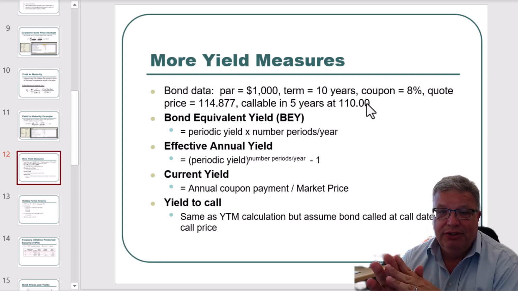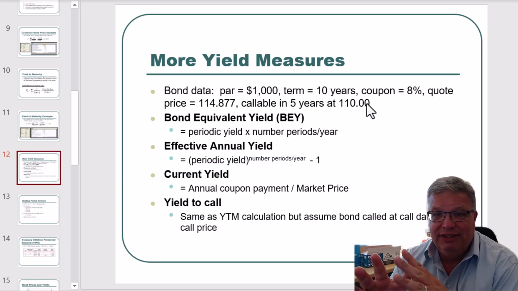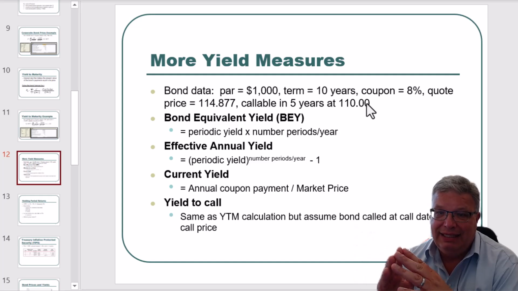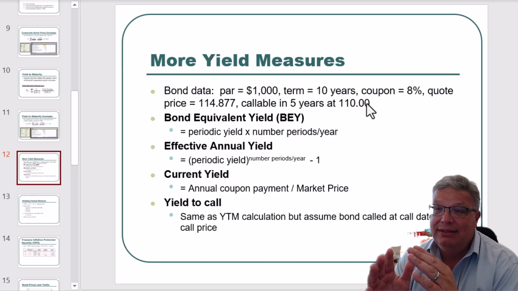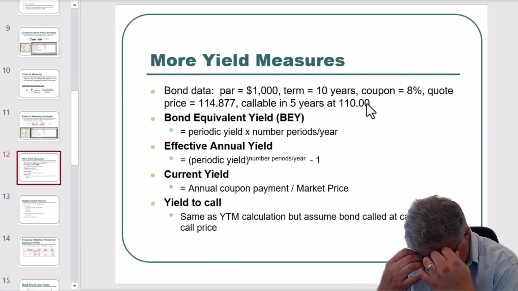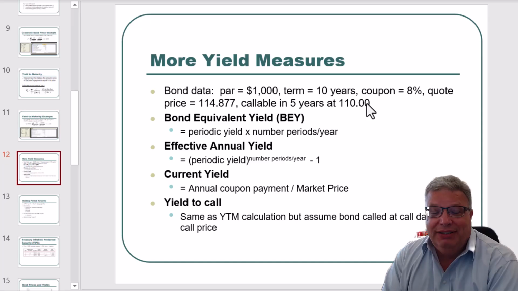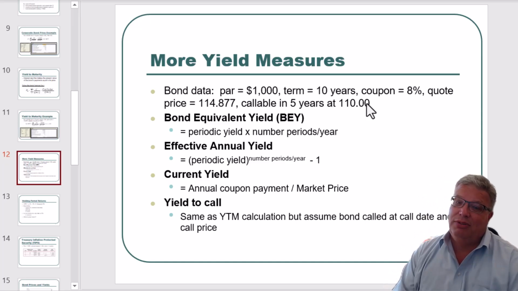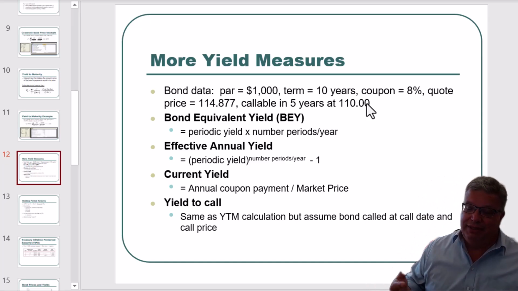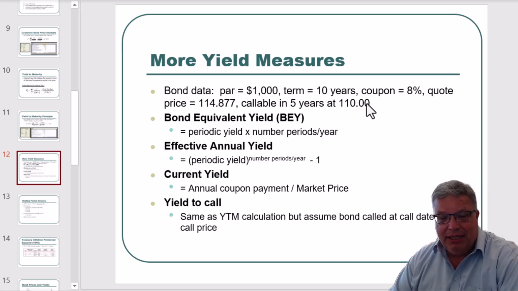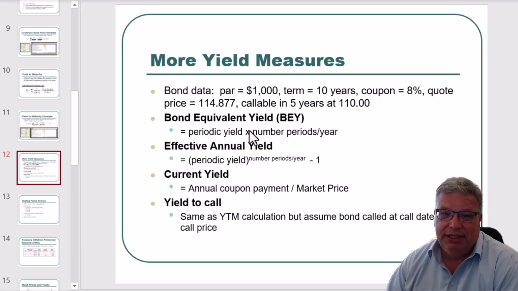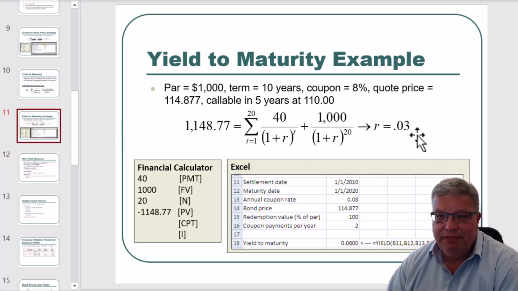Okay, so first off, bond equivalent yield. That is basically the same thing as yield to maturity. Yield to maturity is what we usually call it, but there are some other names sometimes, and bond equivalent yield is the one here. If you recall from that previous problem, we calculated the periodic yield of 3%.